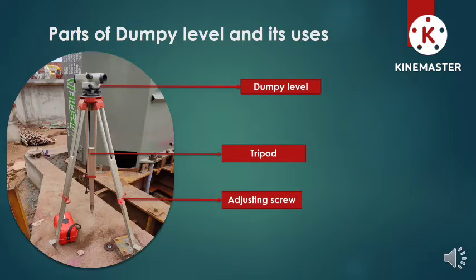This is the adjusting screw through which we adjust the height of the tripod based on our convenience, so that if we are standing and looking through the eyepiece, it is convenient for us to see. This is the box in which the tool is kept. So let's move to our next slide and see what other parts of the Dumpy level there are.